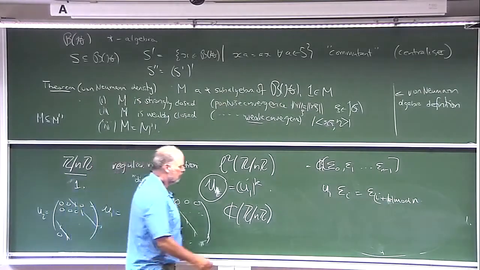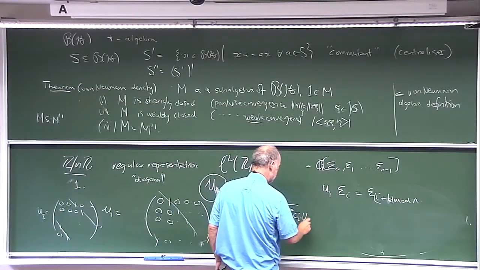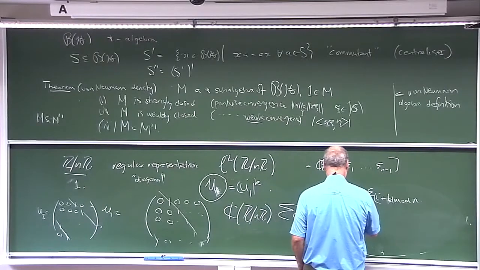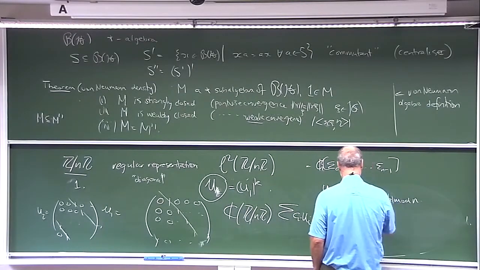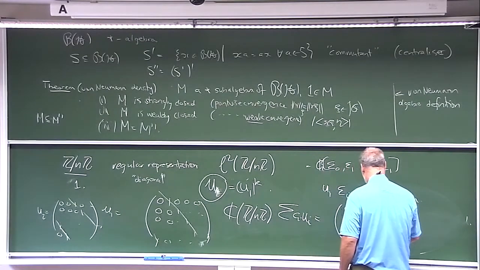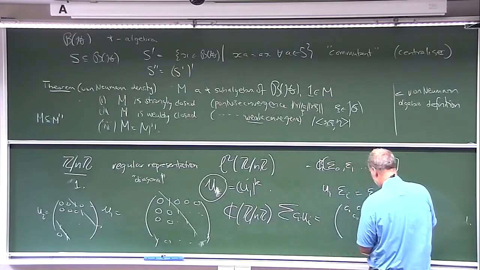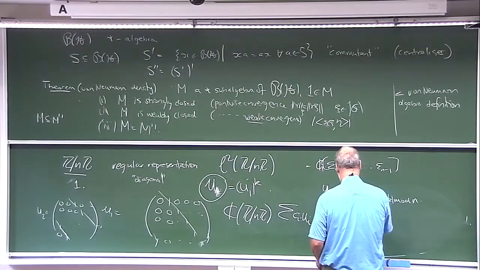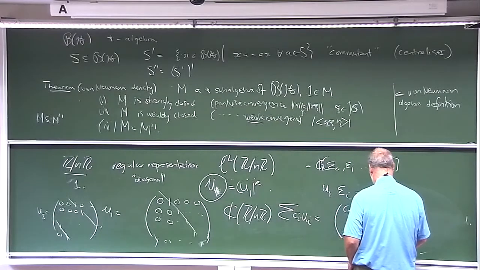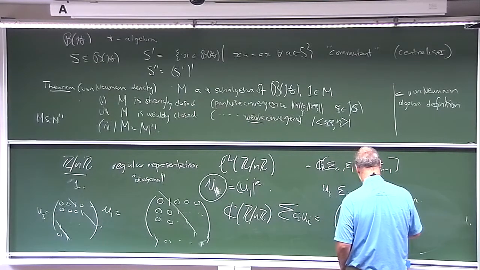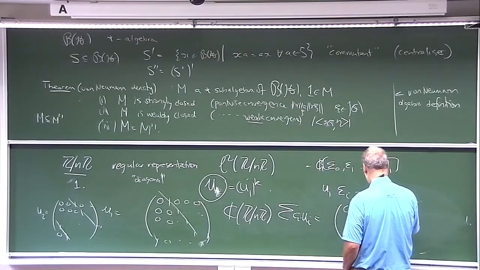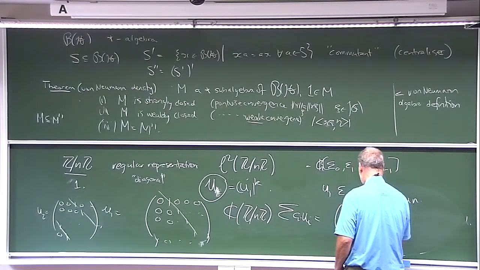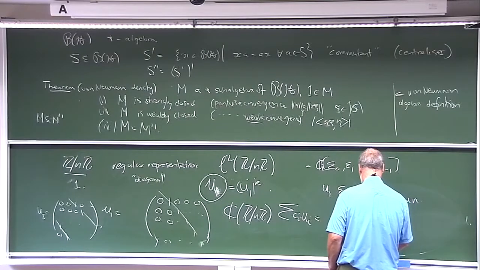And if we take a linear combination, the sum of Ci Ui, what does that look like? Well, very simply, there'll be C0 down the main diagonal, C1 down the second diagonal, then C2, then C3.